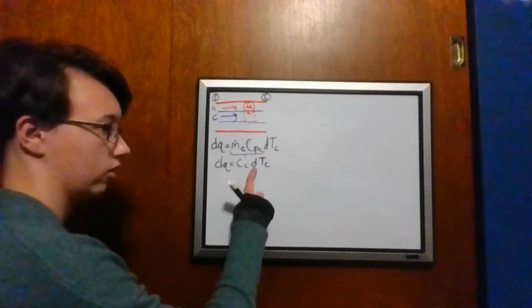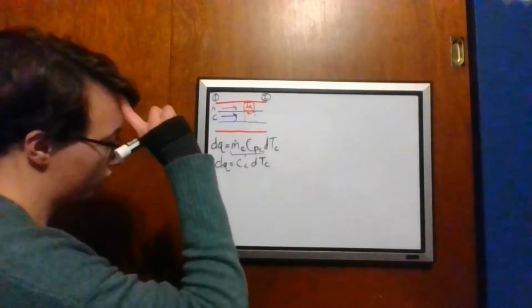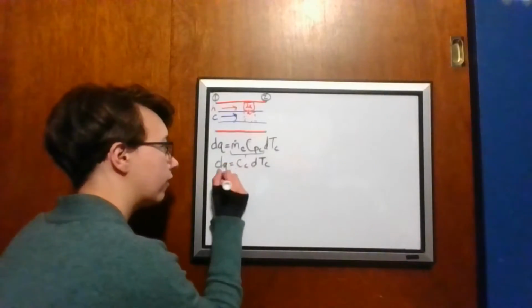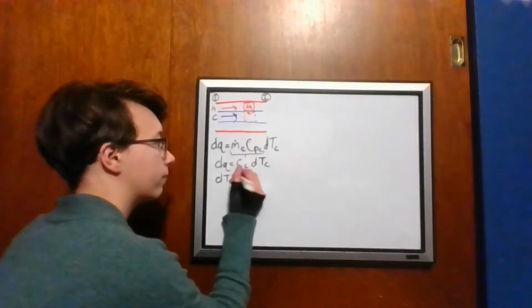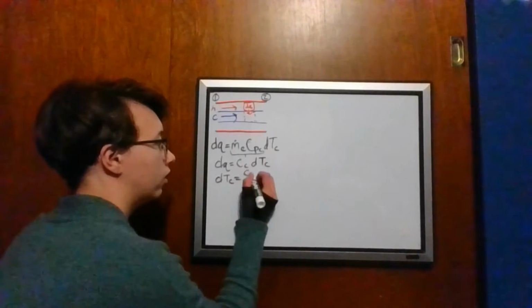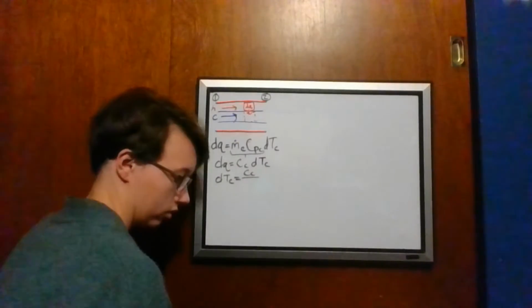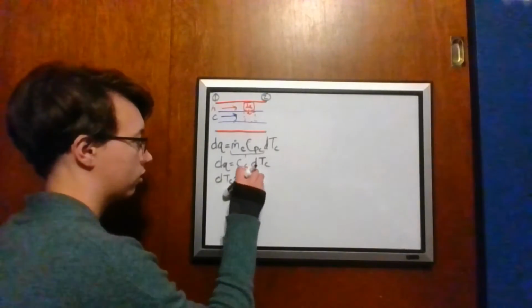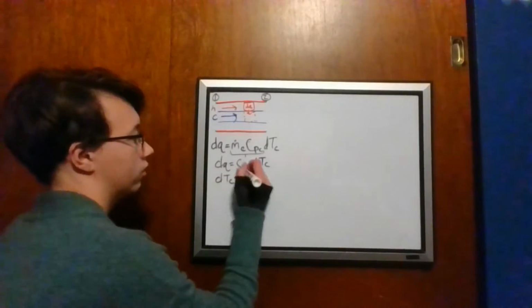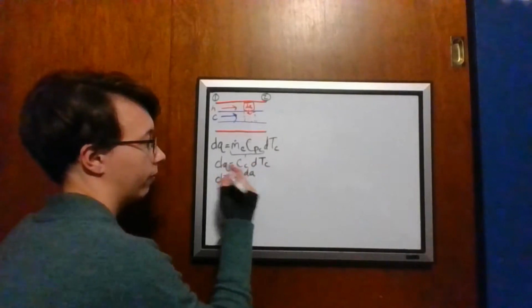And then we can solve for the differential temperature, and we have that the differential temperature is equal to dQ over Cc.